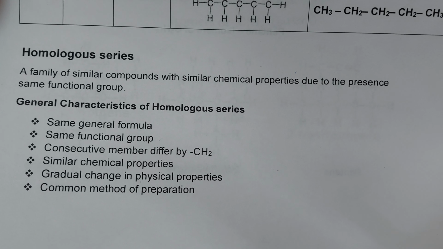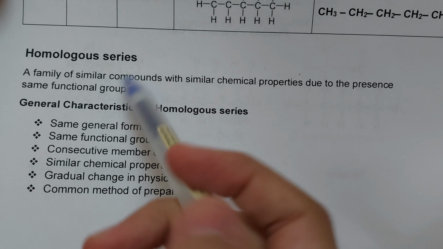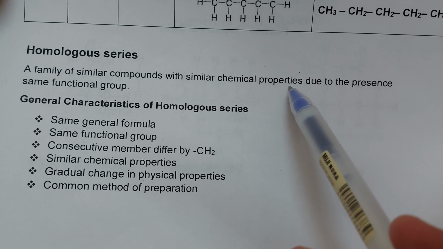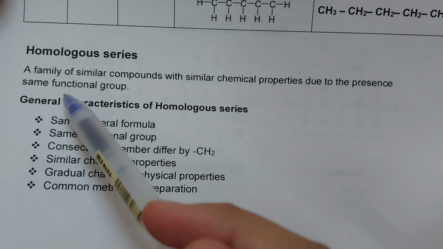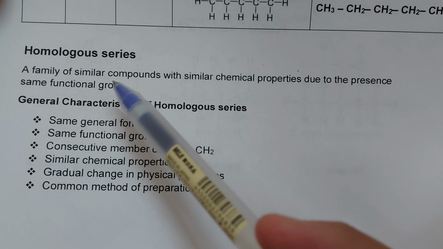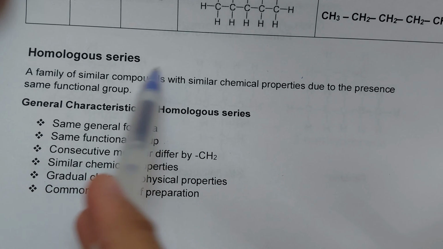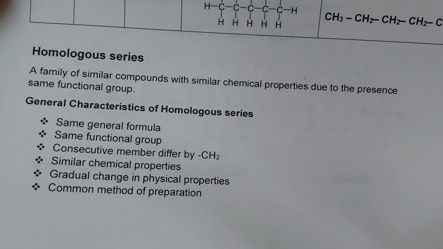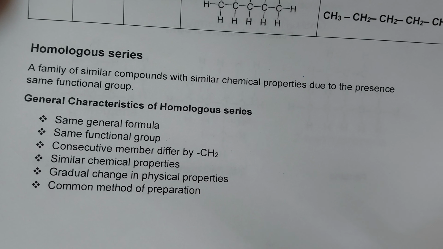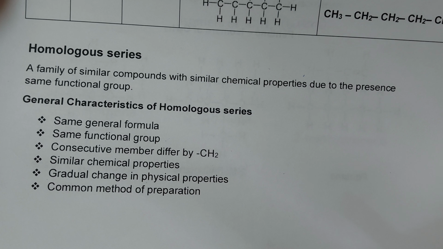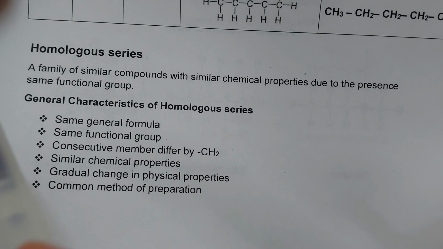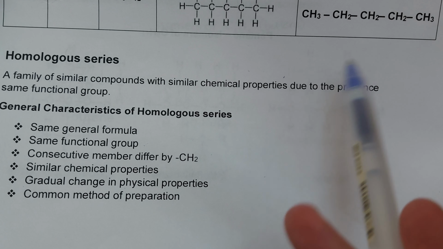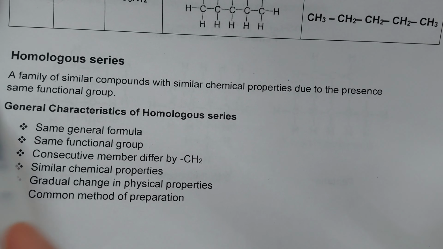The next thing is a homologous series. A homologous series is a family of similar compounds with similar chemical properties due to the presence of the same functional group. To make it easier, it's a group of compounds that have the same functional group, whether that's a single covalent bond, a double covalent bond or a triple covalent bond. This family has similar chemical properties due to the presence of that functional group.